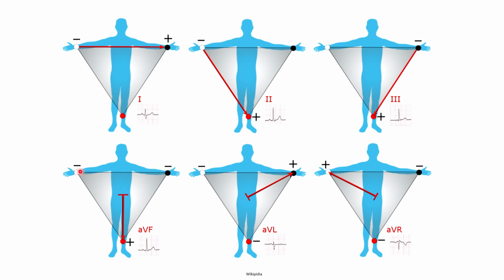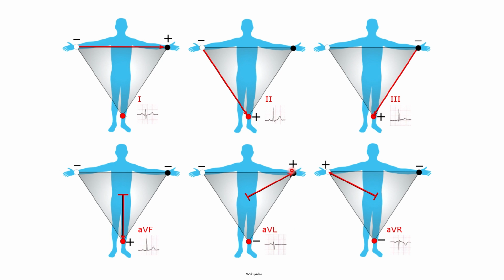For example, we take aVF on the left leg and take an average of the right and left arms. The average will be the center. So if you take the center and move to aVF, that will make the lead aVF on the ECG. Now this time let's take aVL, L for left arm.